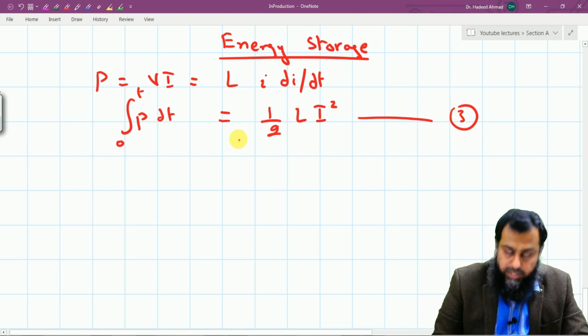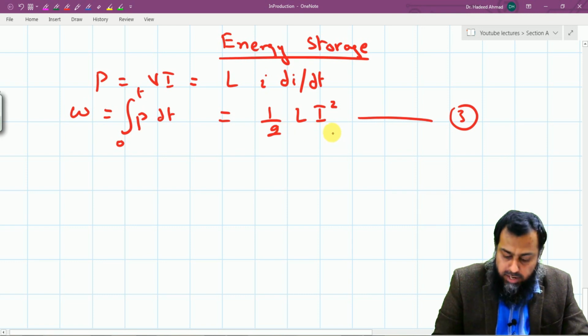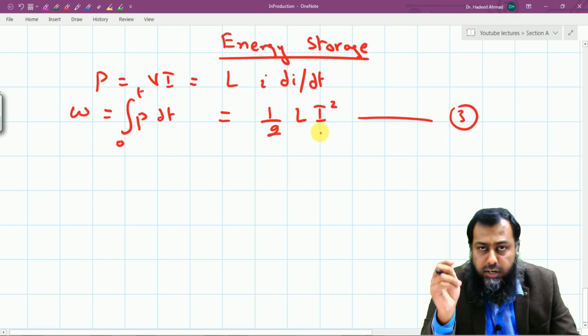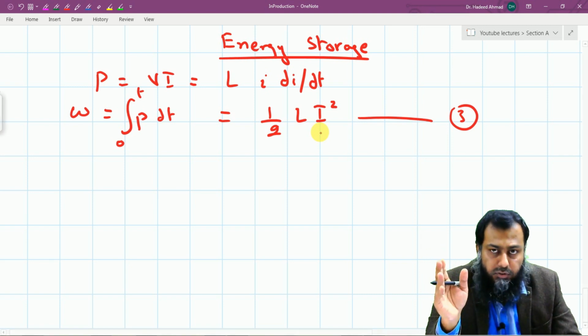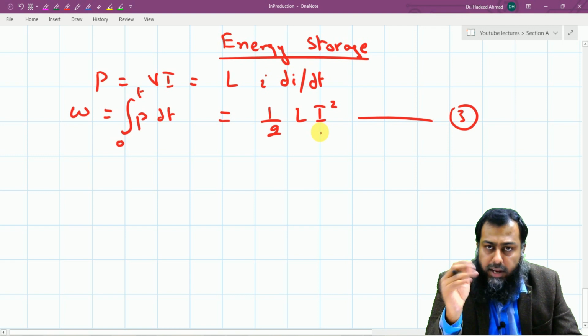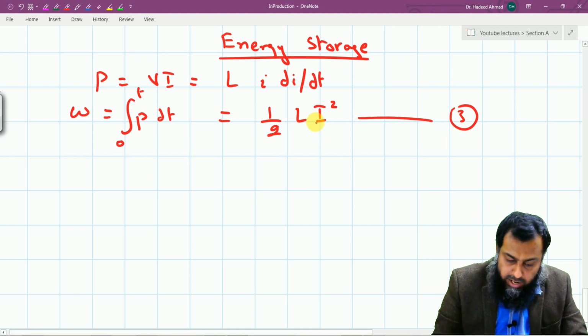That is, for an inductor, the energy W is equal to half L i square. This means that the inductor stores energy only when there is a current flowing through it. If there is no current flowing through an inductor, it cannot store energy. So for the storage of energy, this i is very important.